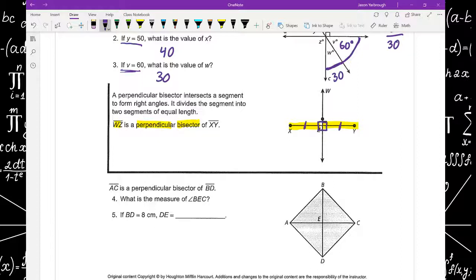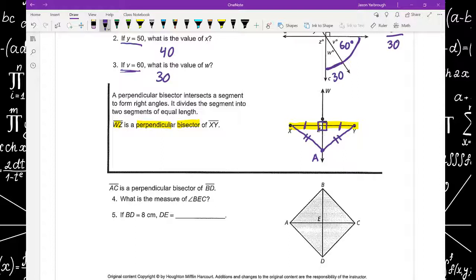Now, what it does not tell you in this situation is what you can use on a perpendicular bisector. If you know any point on a perpendicular bisector, let's call this point A, it has to be the same distance to the endpoints of the line that you are bisecting. So notice these two parts would end up being the same. Okay. Now, the reason for this goes back to Pythagorean Theorem.